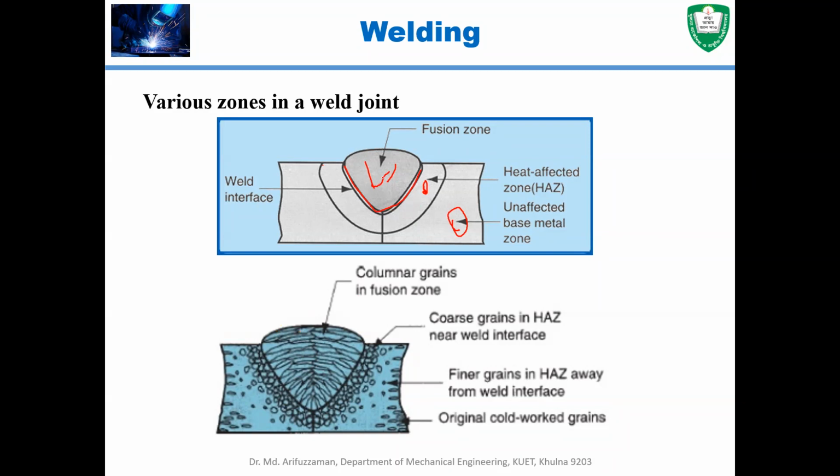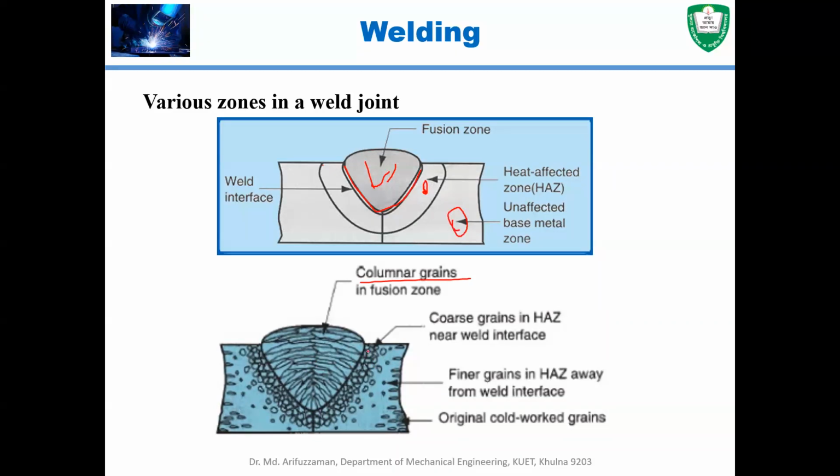When the metal is completely liquid and then the welding is complete and it has solidified, then in the fusion zone, if we look at the microstructure, the grain structure will be like columnar grains. That means very long grains will be seen in the liquid zone.